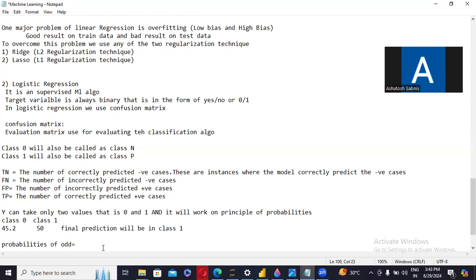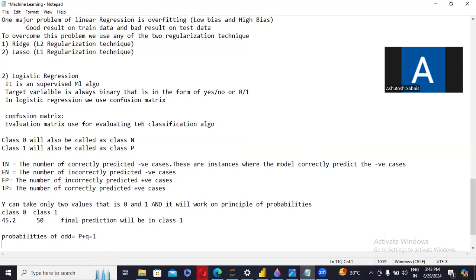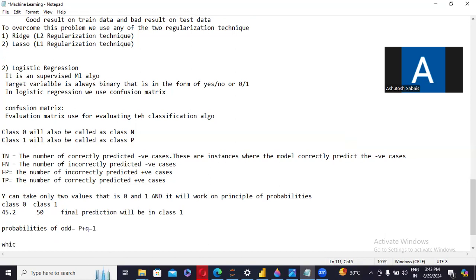So P plus Q should always be equal to 1, and whichever probability is more, the final prediction will be in that class only.